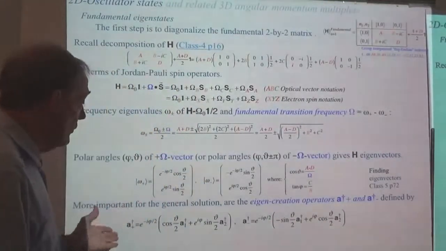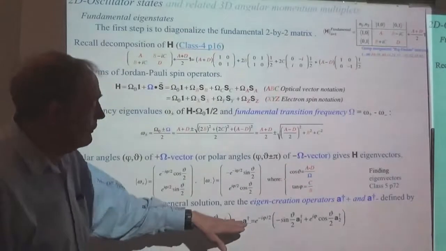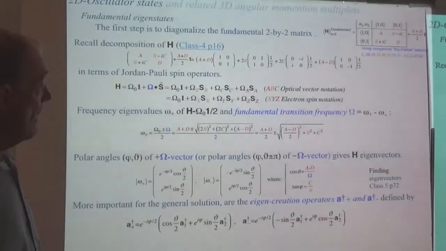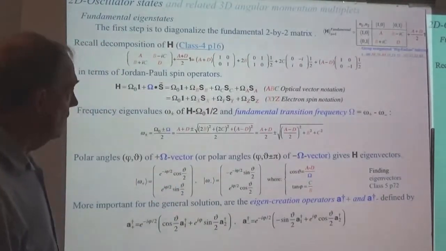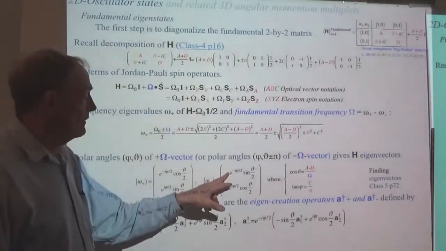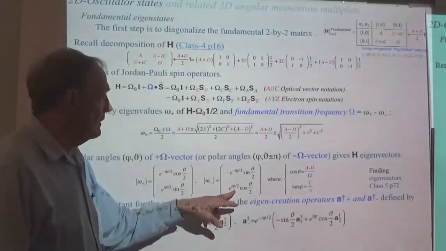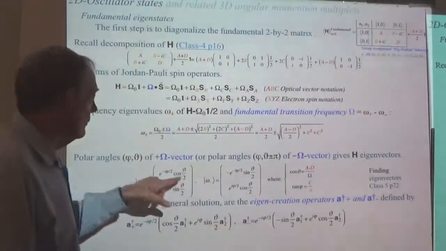Okay? So those are the two, shall we call them, up and down states, plus and minus states, that these vectors show you here. Okay, this has got the minus on the sine right here, and this one has got the cosine right here. This is the reverse.